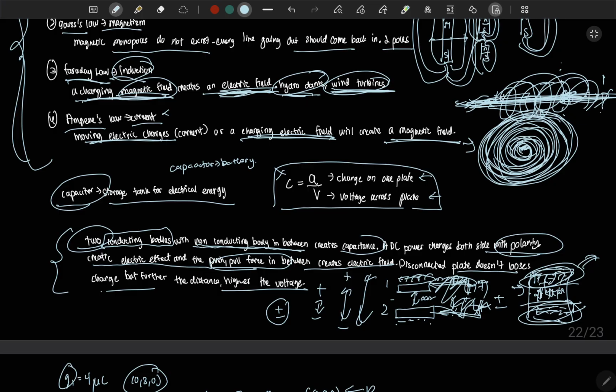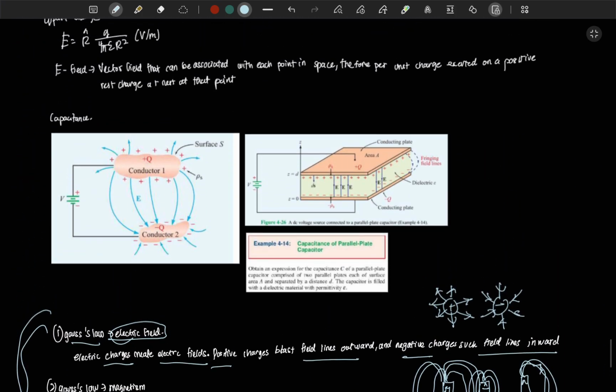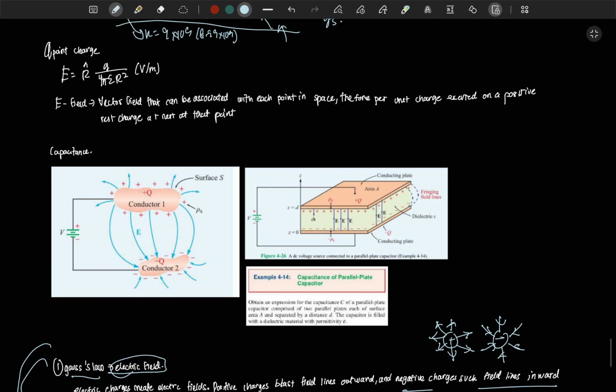These are the things that you need to remember. As I said, this is plate 1, this is plate 2, positive ions are here, negative ions are here. The further apart you pull them, the higher the voltage would be. Here is the electric field that has been created.